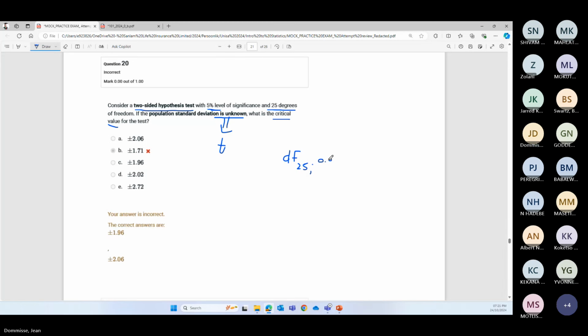and where the level of significance is not 0,05, but remember it is 0,05 divided by 2. So that would be 0,025 and degrees of freedom 25. So it's a bit different to some of the other questions we had, because there we would have had an upper tail or a lower tail.